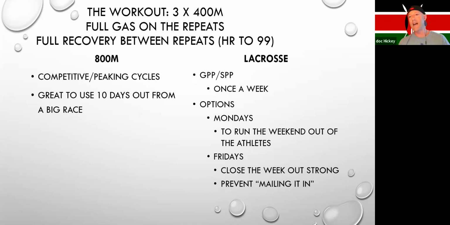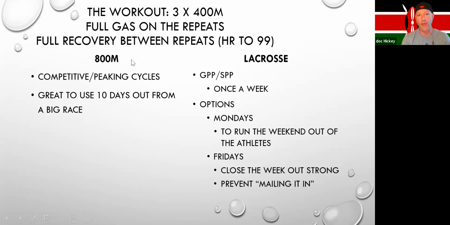So if the race is on the 14th, I'm going to do this on the 2nd, which would be a Tuesday. That's 10 to 12 days out. As a Masters athlete, I also know I need a little bit more recovery.